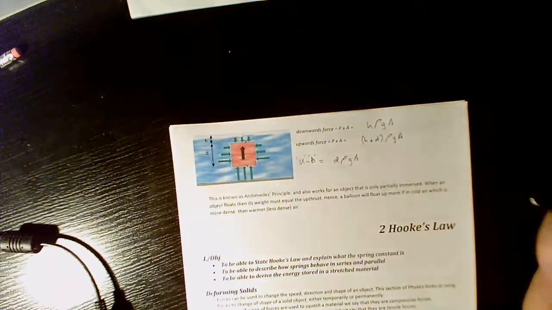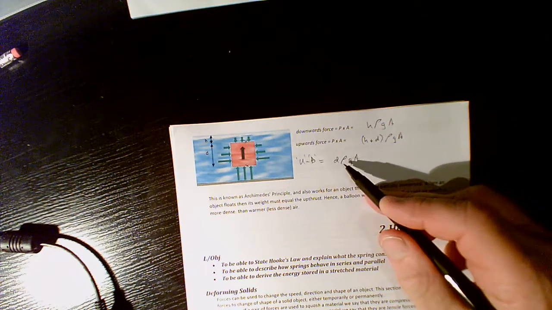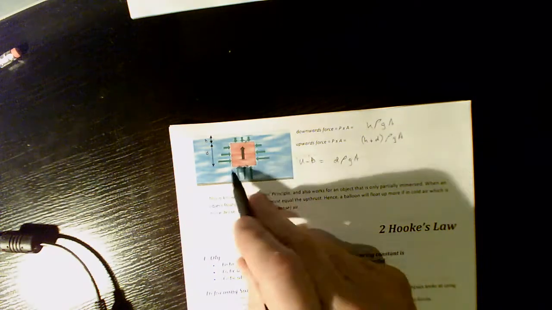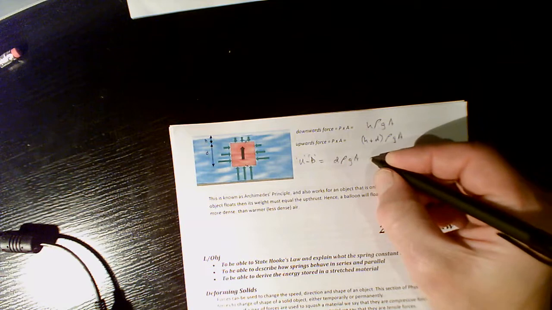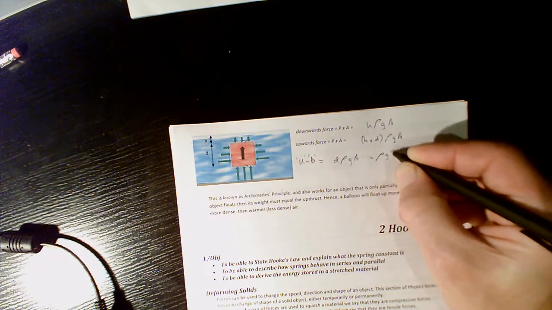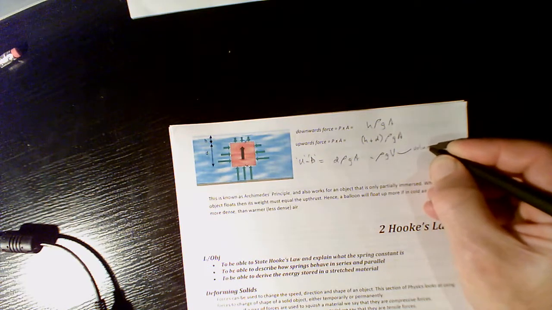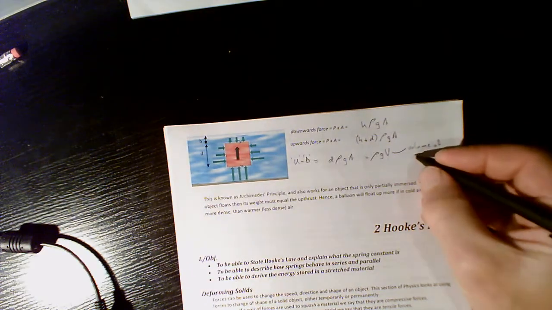Just put those in brackets. And what we can get from that is a distance there, d, and that is the area of the bottom. So actually that's a volume. So that equals V rho g, where V is the volume of the object.